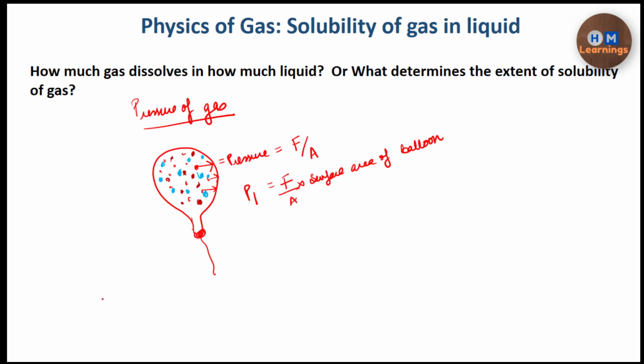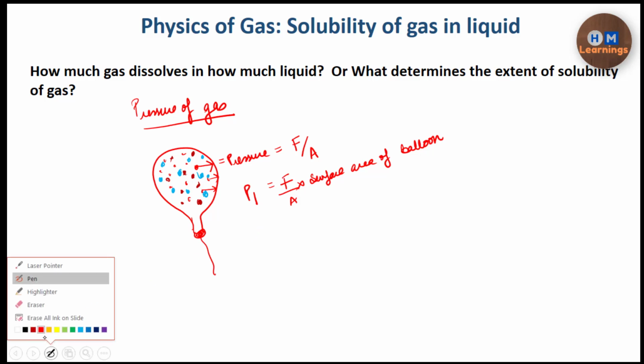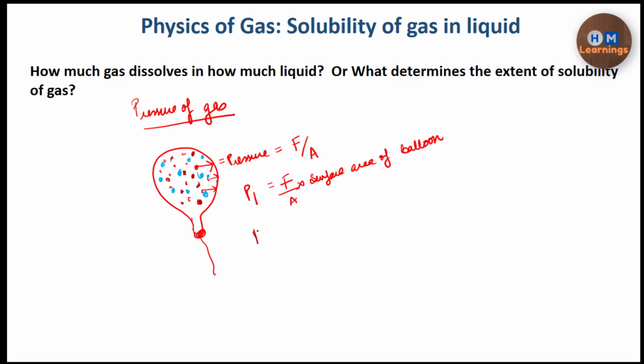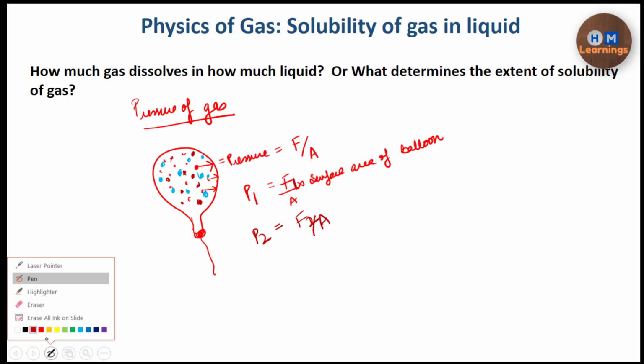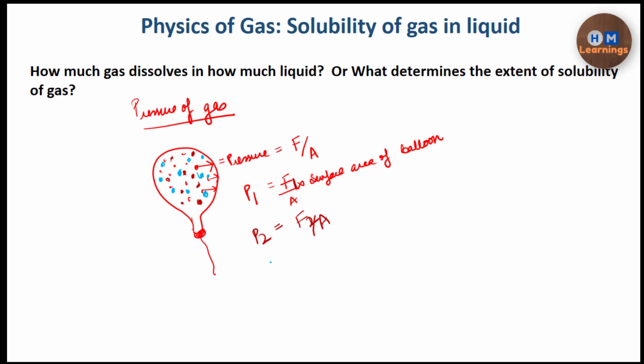Then you are having another gas molecule, which is P2, which is exerting again some amount of the force. This is exerting P1, and then you are having a third type of gas which is exerting another amount of force per unit area.